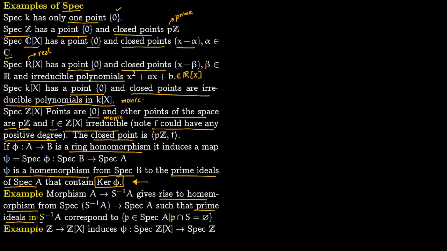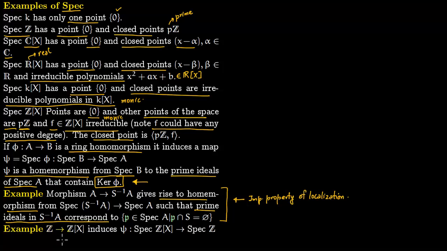Prime ideals in S inverse A correspond precisely to those prime ideals in Spec A such that, intersected with the multiplicatively closed set S, the intersection is the null set. This is an important property of localization, which we need to remember.